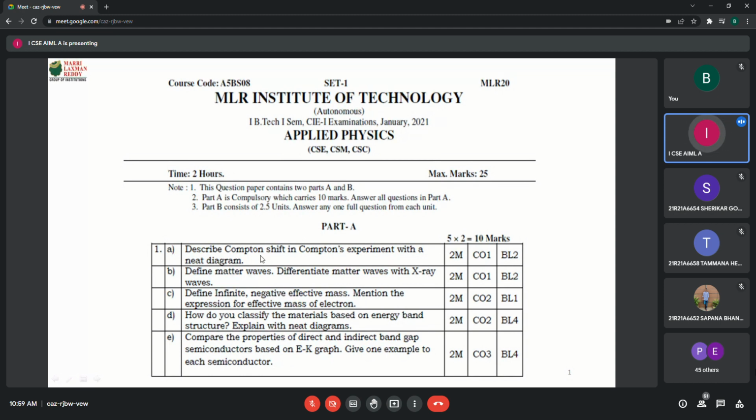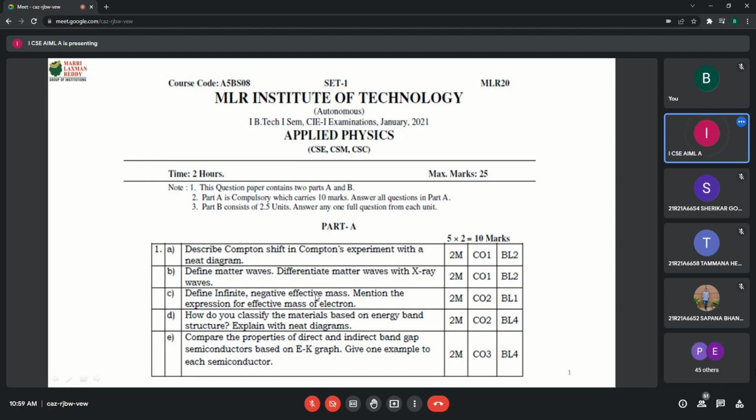Here, Compton shift: explain about the Compton experiment and Compton shift with a neat diagram. And the second question is define matter waves and differentiate, which means comparing matter waves with X-ray waves. Both come under unit 1. So part A, two questions are over under the short answer questions.